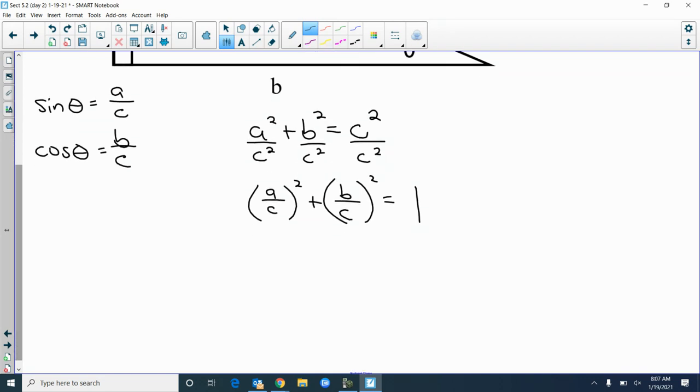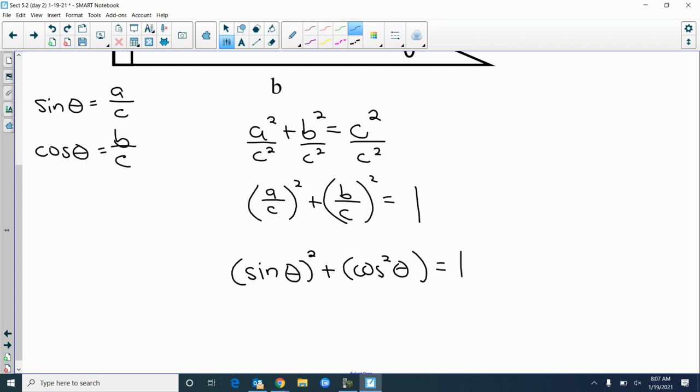Well, A over C, we just said, is equal to what? Sine of theta. B over C is equal to what? Cosine of theta. So this now becomes sine of theta squared plus cosine squared theta equals 1.